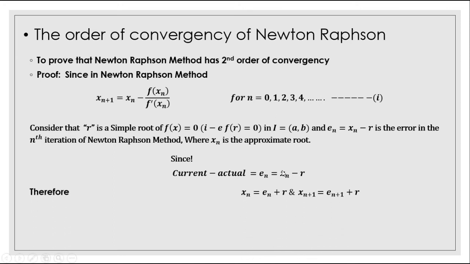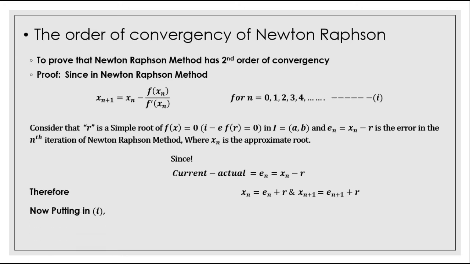From here we can find the value of x_n by shifting this r to the left side. We get x_n equal to e_n plus r, and by replacing n by n plus 1, we get x_{n+1} equal to e_{n+1} plus r. Here e_{n+1} is the error in the n plus 1th iteration approximation.